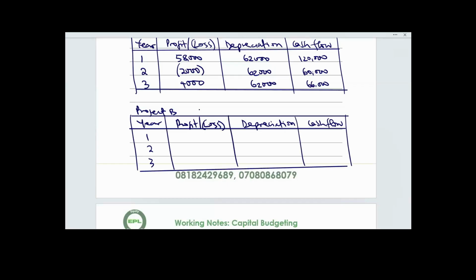Give me the profit or loss for project B. 36,000 for year one. Year two, made a loss of 4,000 naira. Year three, profit of 8,000.